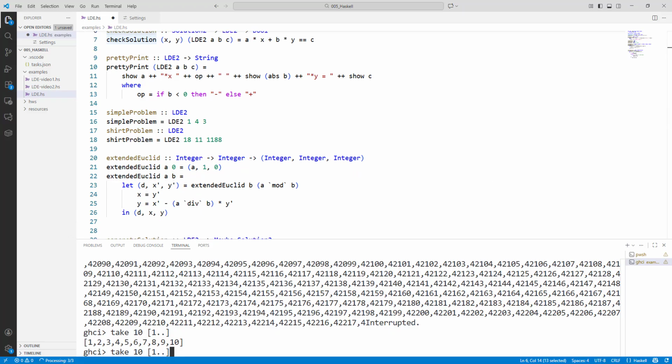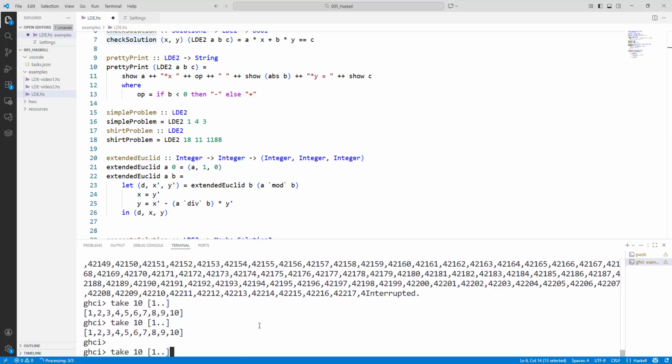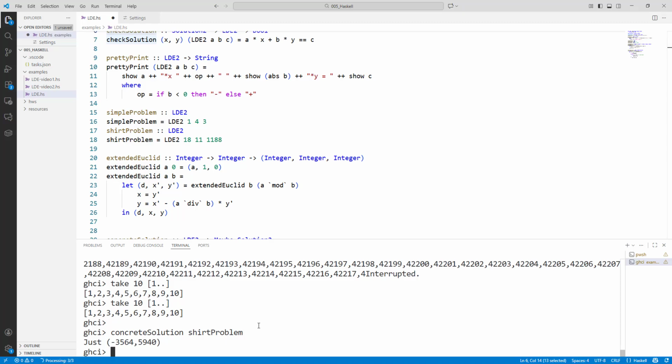That's good. Let's apply this to our shirts, if it is applicable, and I think it will be. So we need to think about what we can do with our solution, which was this one, minus 3,564 and 5,940.